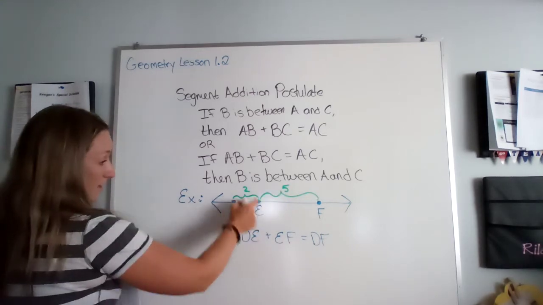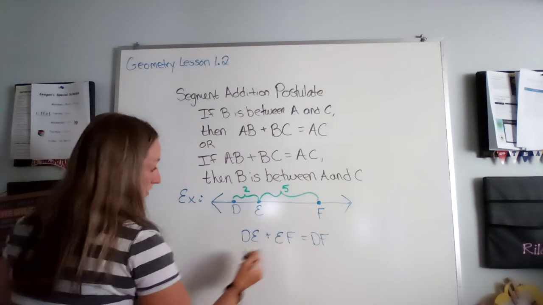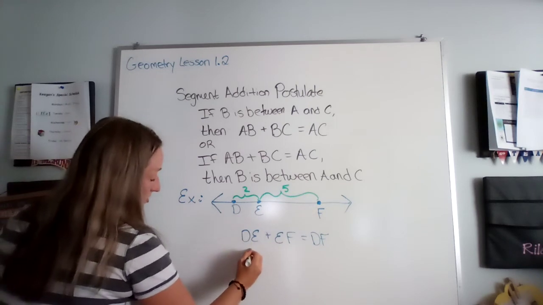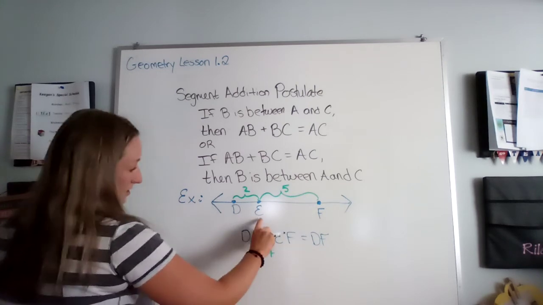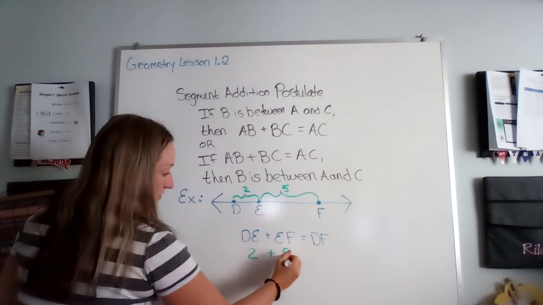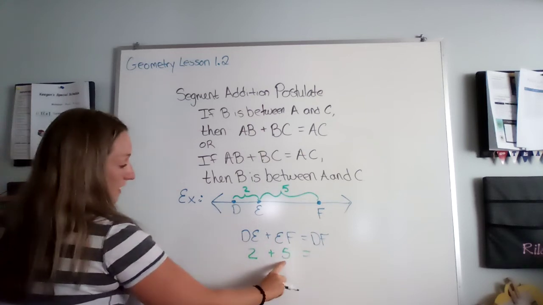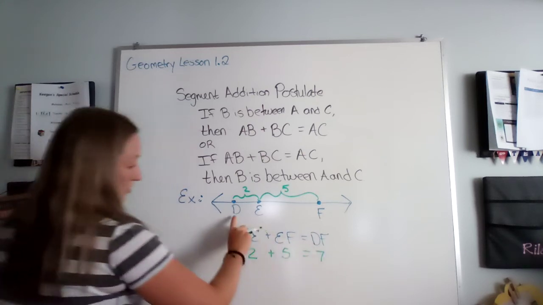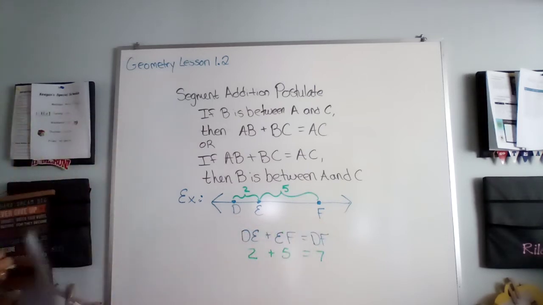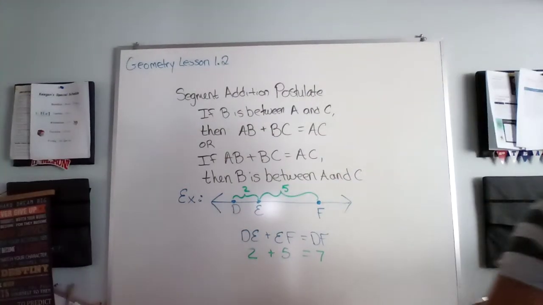So let's fill in the numbers where they belong and see what happens. DE is 2 units long. The distance from E to F is 5 units long. And if you add them together, you get 7, which makes sense. The distance from D to F is 7 units long. Okay. All right, I think I just have like 2 more example problems that I want to go through.